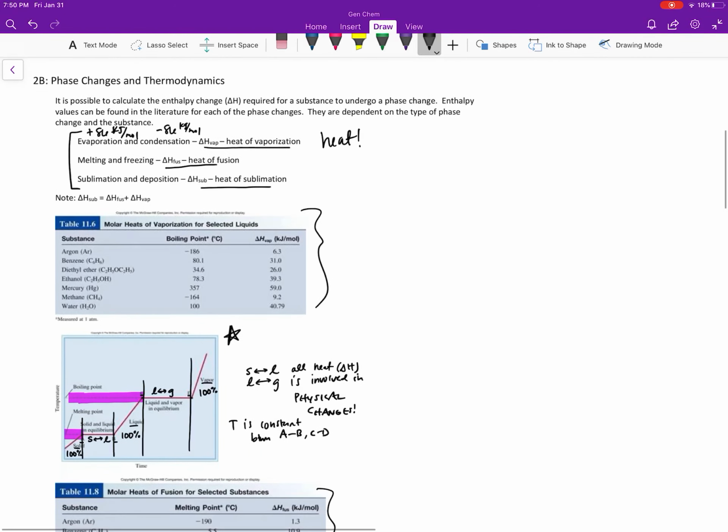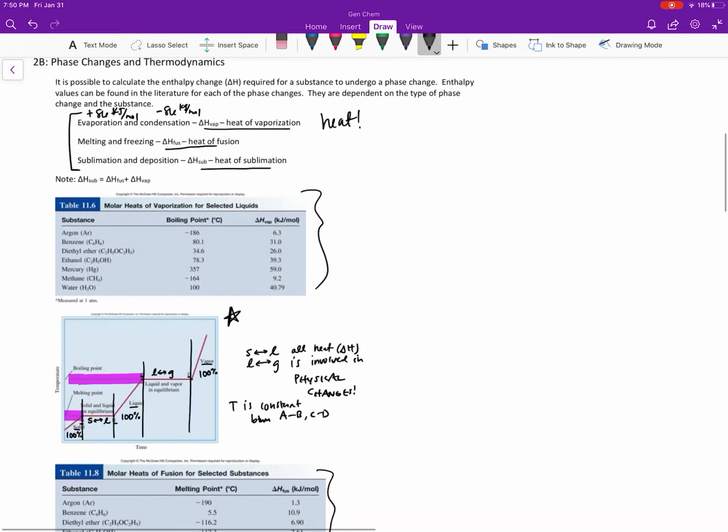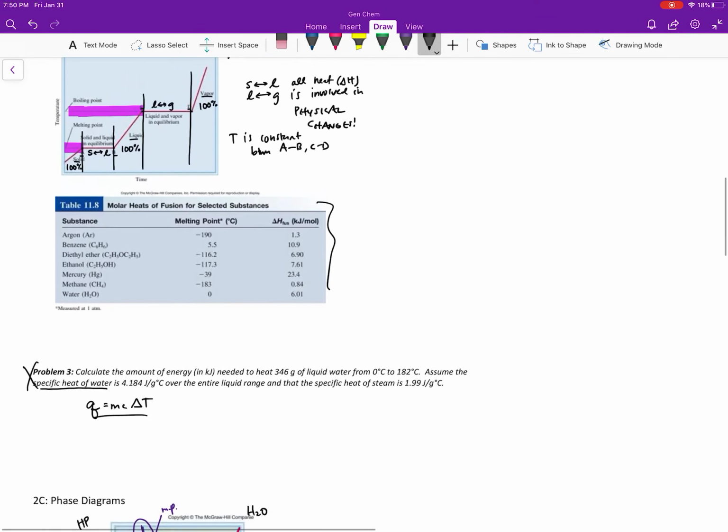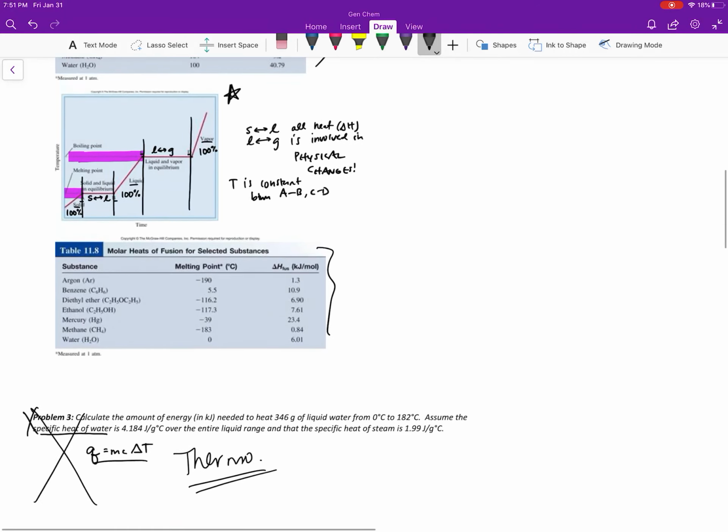We talked a little bit about the enthalpy signs and phase changes in thermodynamics, but we did eliminate this math for right now because we are going to get into a chapter at some later point in the semester where we'll talk very extensively about thermo.